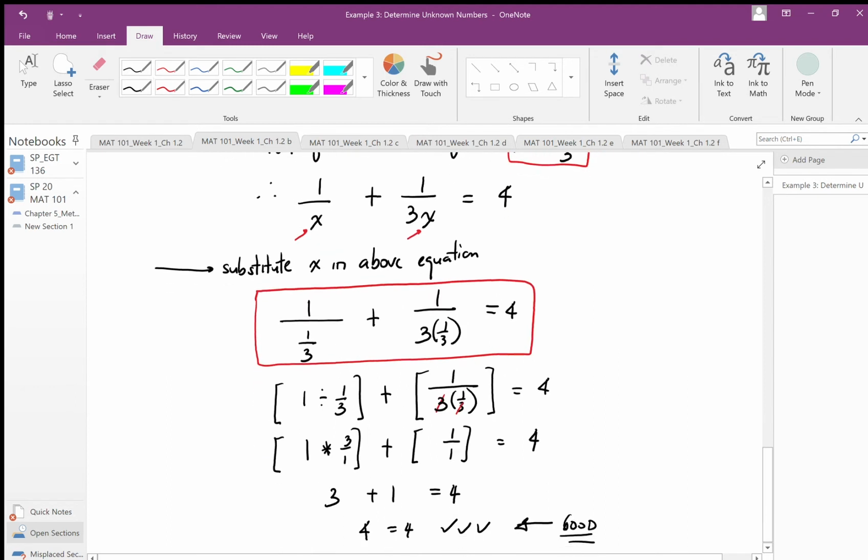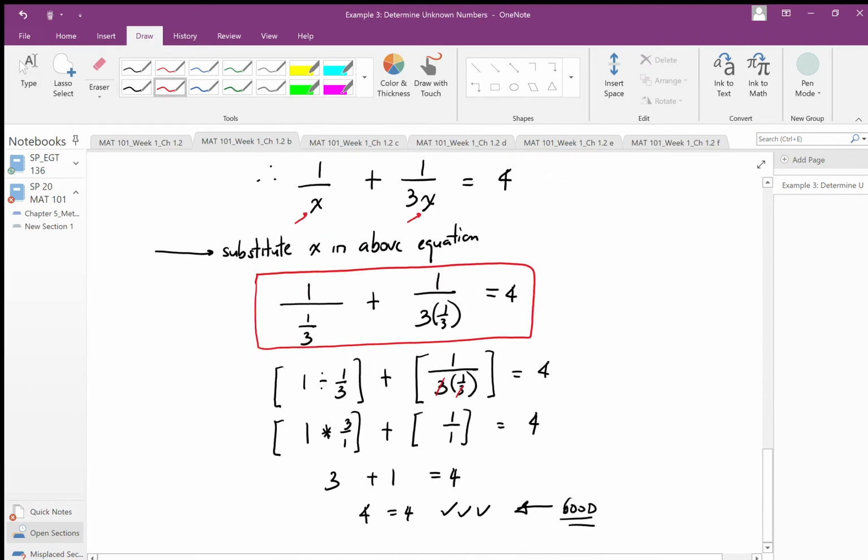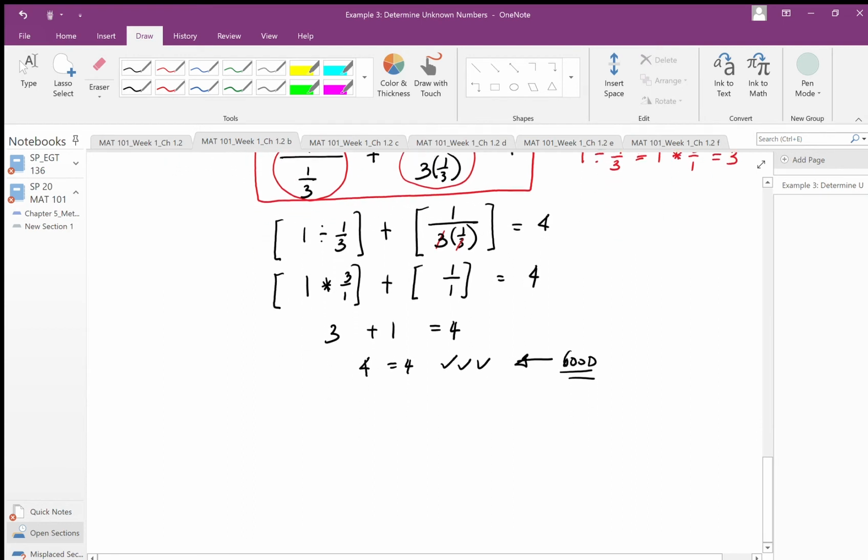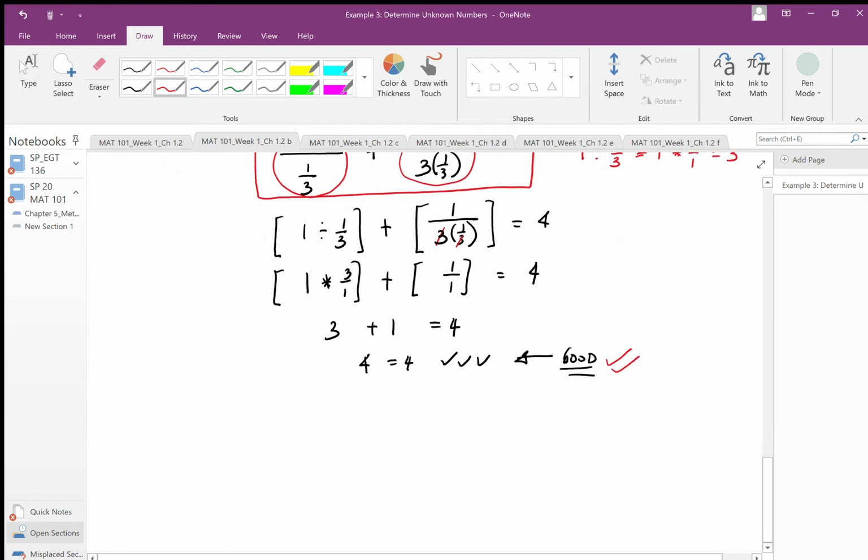And remember, when you have an expression looking like this, that means 1 divided by 1 over 3 equals 1 times 3 over 1, which happens to be 3. And likewise, we do that for this expression as well. So what's on the left-hand side equals what's on the right-hand side. So our answer makes sense.